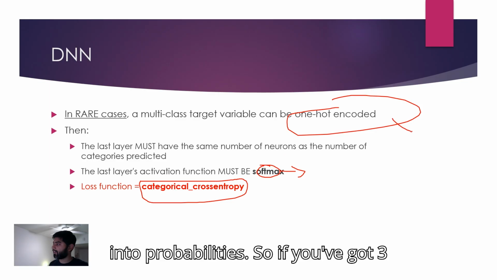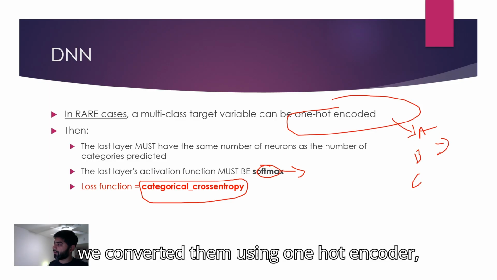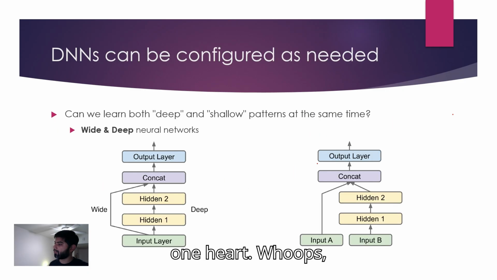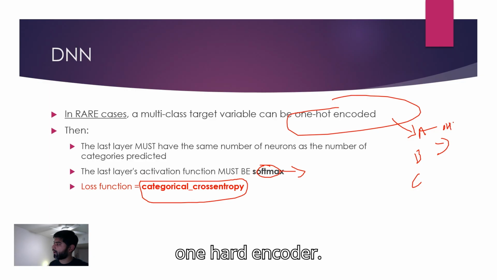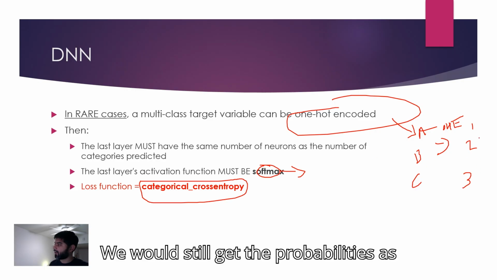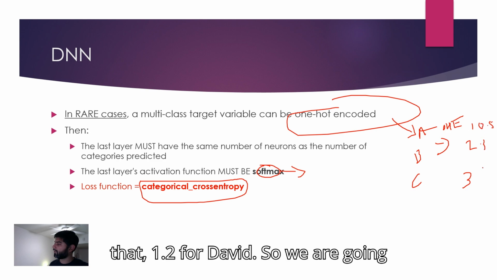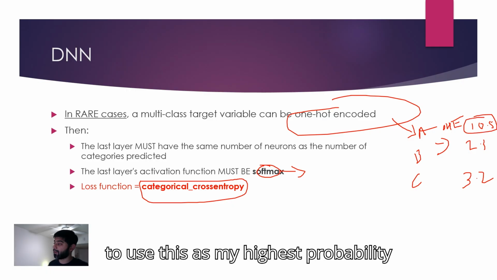So if you have 3 categories, A, B, C, and we converted them using a one-hot encoder, we would still get probabilities as output. For example, 0.5 for this one, 0.3 for that one, 0.2 for that one. So we are going to use the highest probability as the outcome.